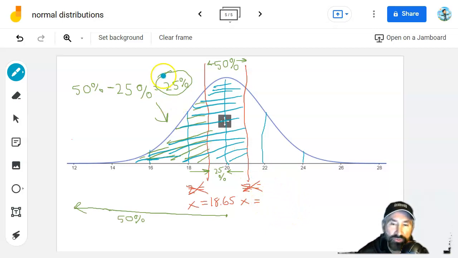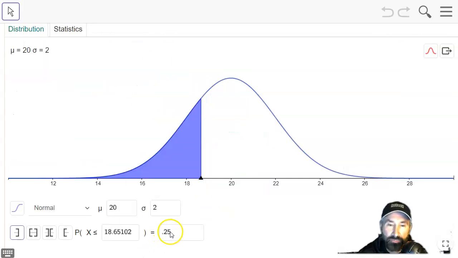Okay, I hope you tried on your own. I'm going to tell you what I think. Since from here to here is 50%, and from here to here is 25%, I think we're talking about 75%. So I'm going to go ahead and put in 0.75.